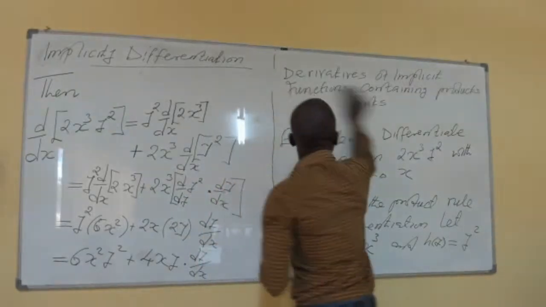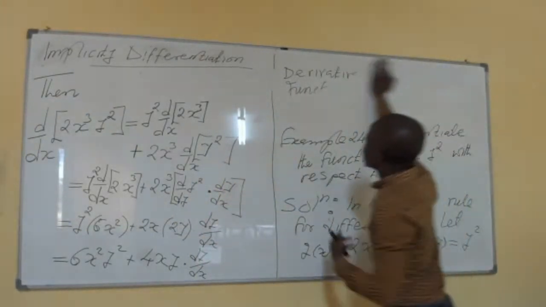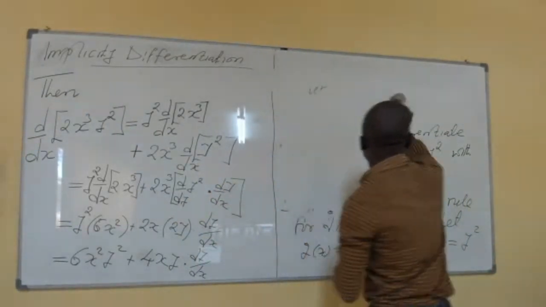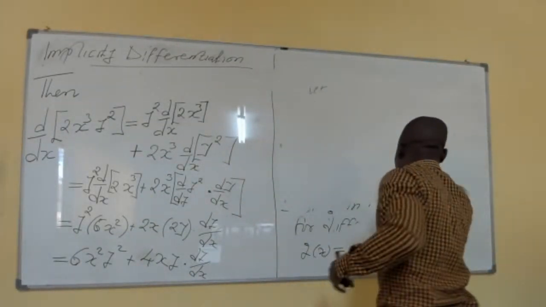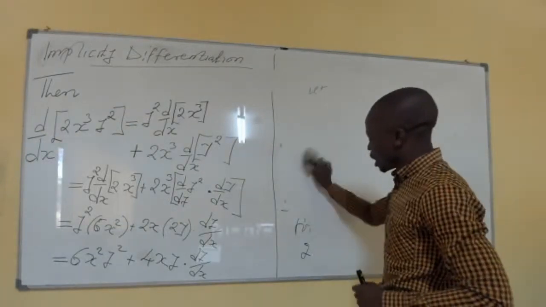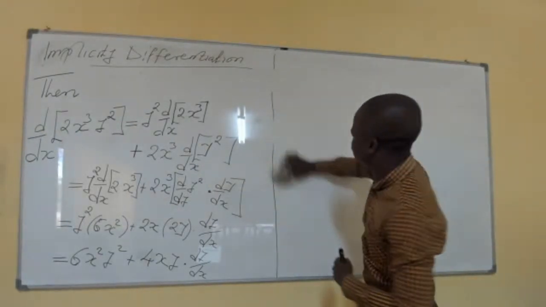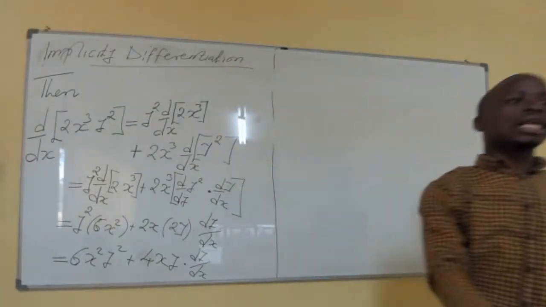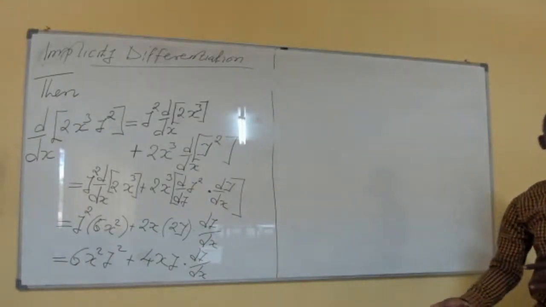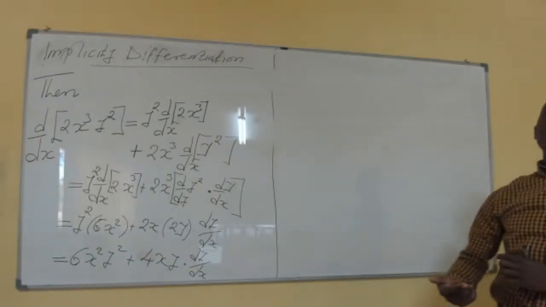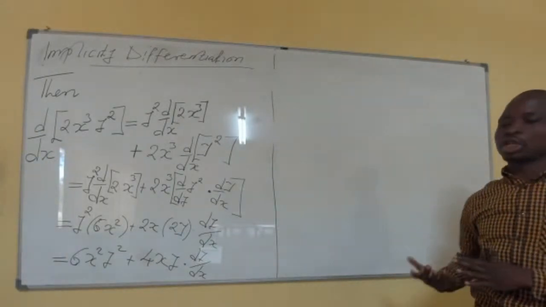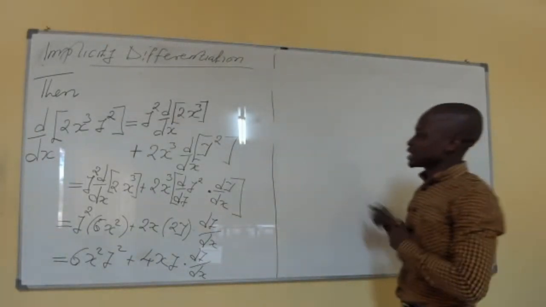Now let's look at example number 25. This example involves the quotient rule, and at the same time implicit differentiation. So you are using the quotient rule and also the implicit differentiation rule. Now, what does this example say?